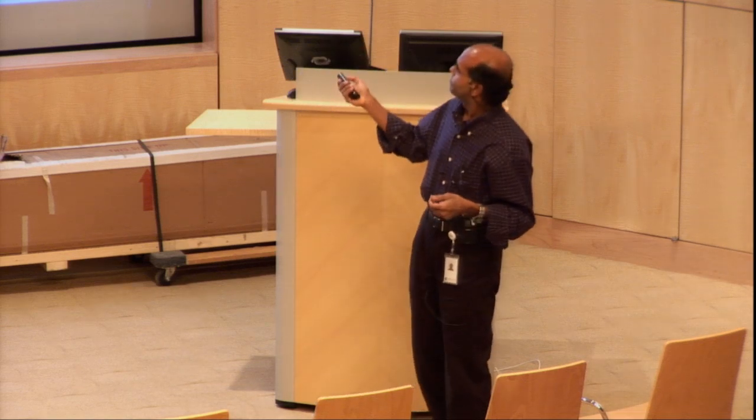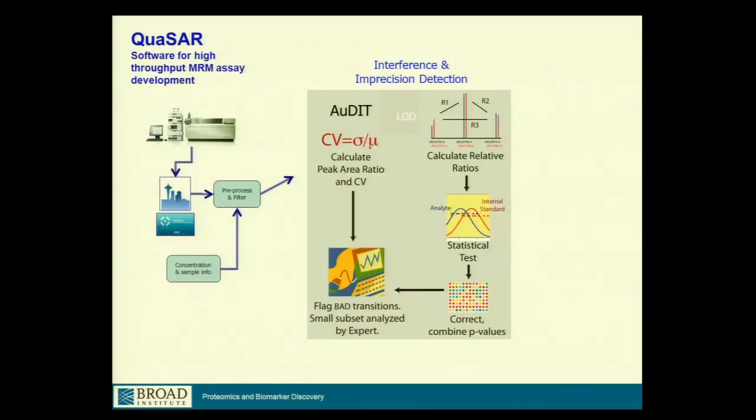To do that, we calculate, if you are measuring 3 or 5 or some number of transitions, these things called relative ratios. These are the ratios of the intensities of one transition to another for a given peptide. When you do those, you can apply a statistical test to see when there is an interference, and if there is an interference, this tool will flag it.